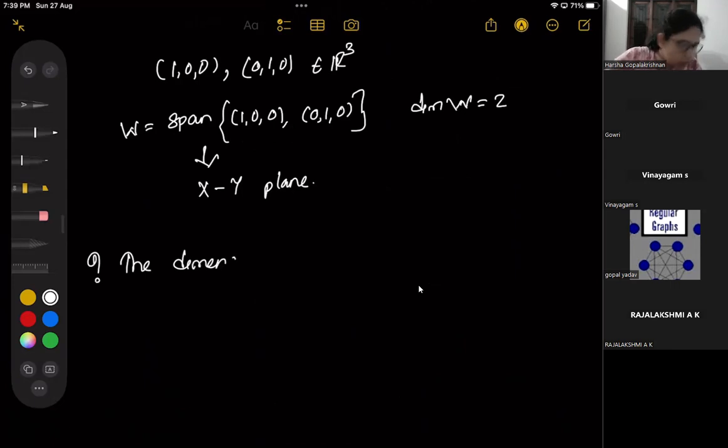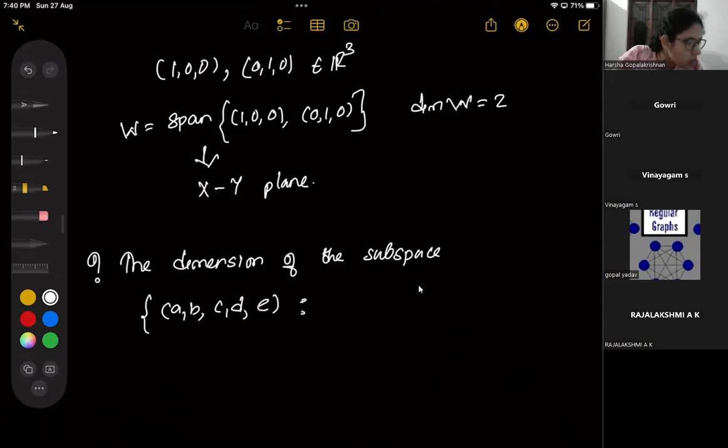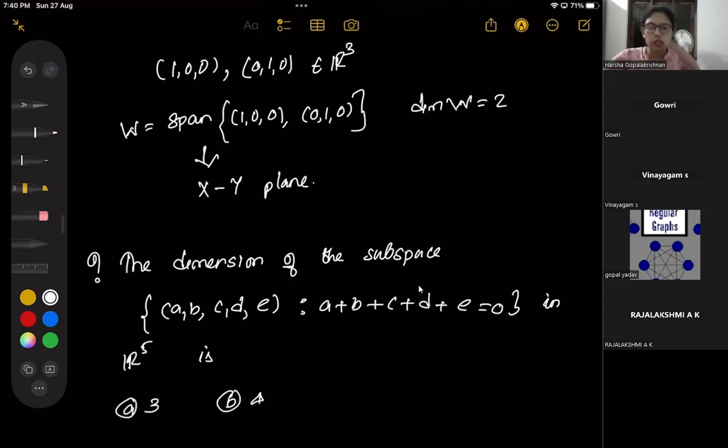The dimension of... So the question is, we have given a subspace of R5.